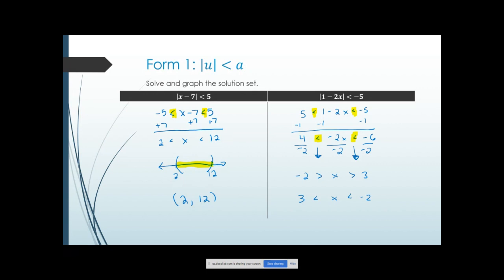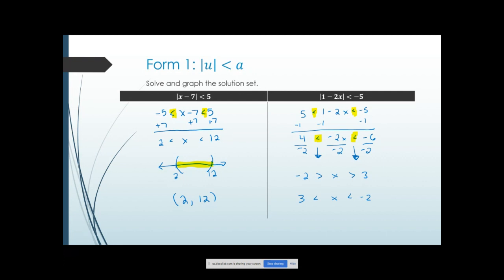And now let's think about what this means. 3 is less than x, which is less than -2. Is 3 less than -2? No. We have something that is impossible. 3 cannot be less than -2, because when you read these left to right, whatever's on the left has to also be less than whatever's on the right.